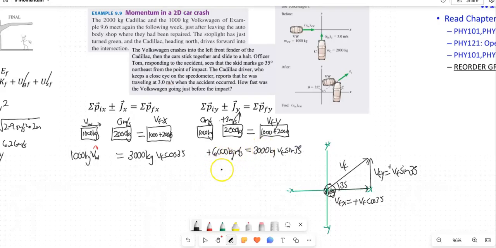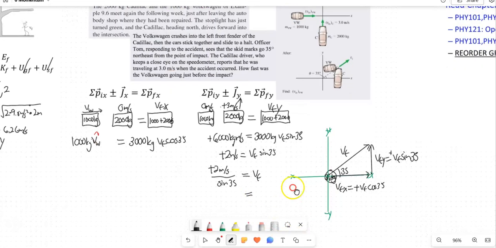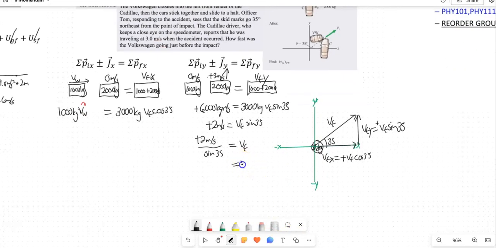We divide and get a positive 2 meters per second, and that's equal to v final sine of 35 degrees. So v final is equal to positive 2 meters per second over the sine of 35 degrees. So this is probably going to be close to 4. That's what I'm guessing. So that's the overall final velocity that we're finding.